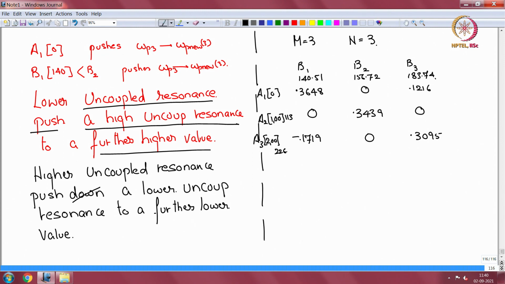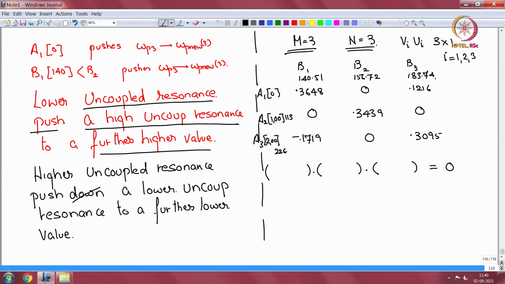So we have 3 acoustic modes, 3 panel modes. So all the vectors Vi's and Ui's will have 3 cross 1 dimension, and there will be i going from 1 to 3. That means I will now have 3 terms in a product, okay, which will have to be set to 0.